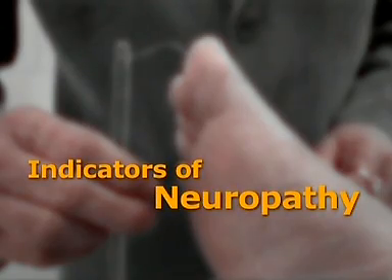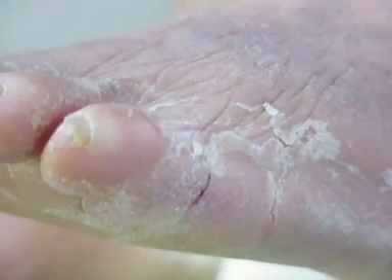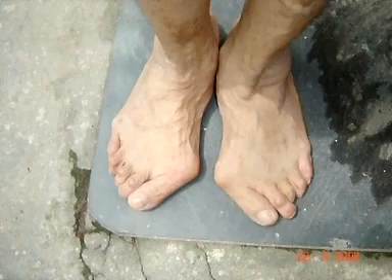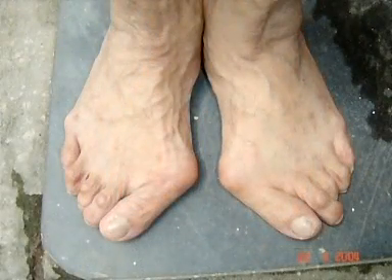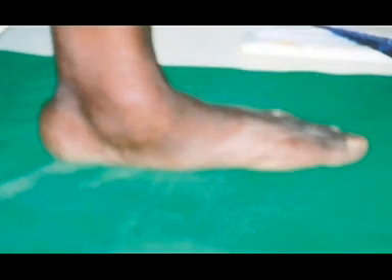Indicators of neuropathy. Dry skin due to lack of sweat indicates neuropathy. If not treated, it could lead to fissures and cracks. Deformities like claw feet too indicate neuropathy. So do other deformities like hallux valgus, hammer toes, flat foot, pes cavus.